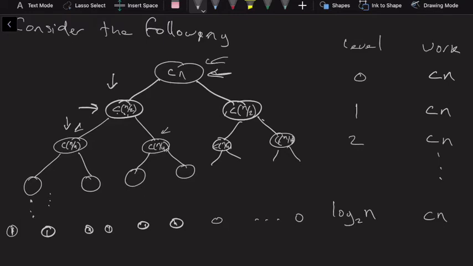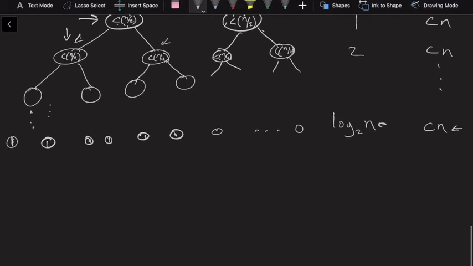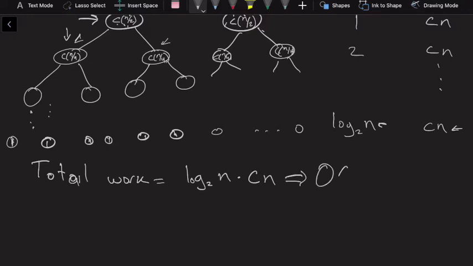So we have log base 2 of n levels, and each level is doing a constant times n of work. So the total amount of work that we're going to do is log base 2 of n times a constant times n, which means that this is order n log n.